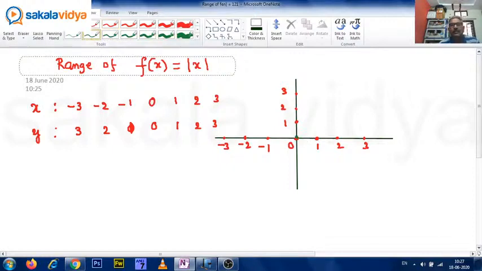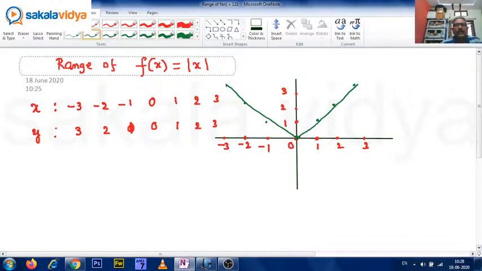So 0 is 0, for 1 it is 1, 2 is 2, 3 is 3. For minus 1 it is 1, 2, 2, 3, 3. So if you join like this, this is the graph of y equals mod x. F of x equals mod x.